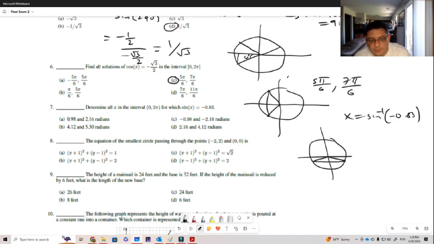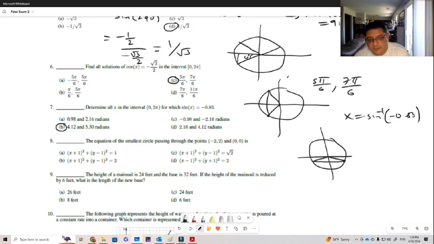Notice that from the options, the only one that has an angle here and here is going to be this answer. 4.12 is after 3.14, so this angle corresponds to this angle over here, and 5.30 is very close to 2 pi.